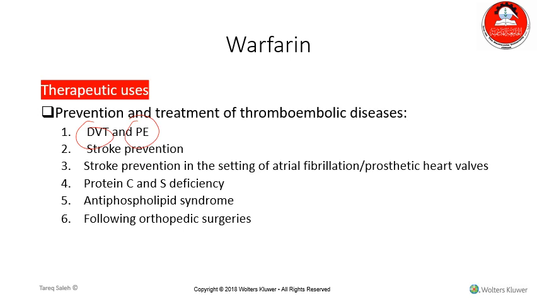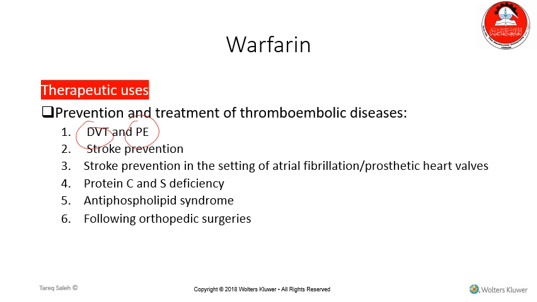Remember that proteins such as protein C and protein S have an anticoagulant effect. They oppose the function of thrombin, and patients who have inherited protein C and S deficiencies are liable to an increased risk of thromboembolic disorders, and that's why they should be treated with warfarin. Similarly, patients with antiphospholipid syndrome have a higher risk of thromboembolic events.